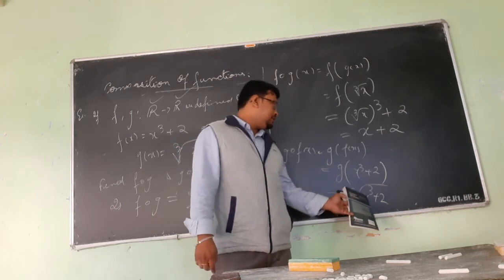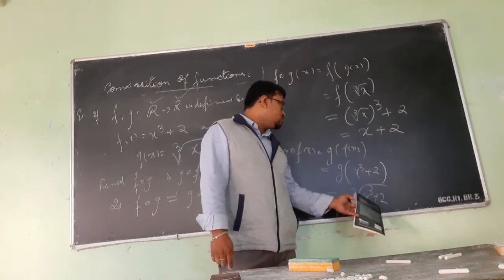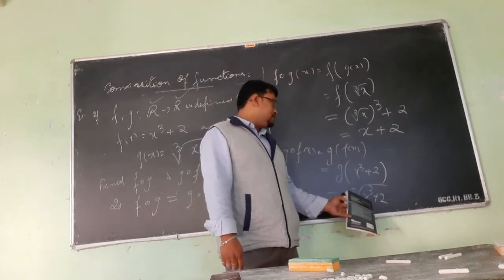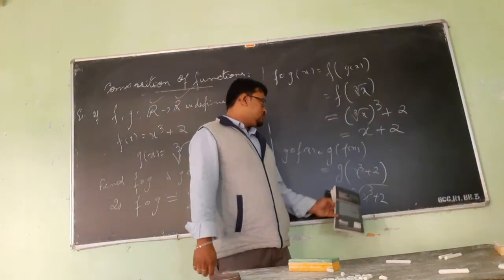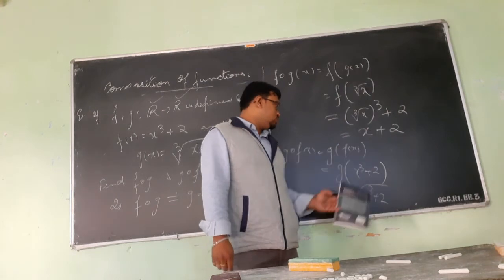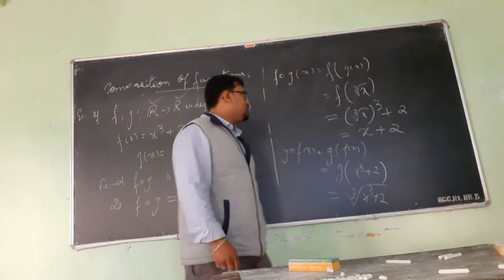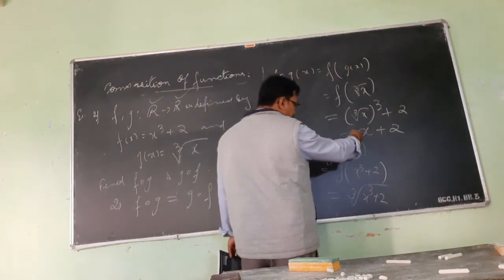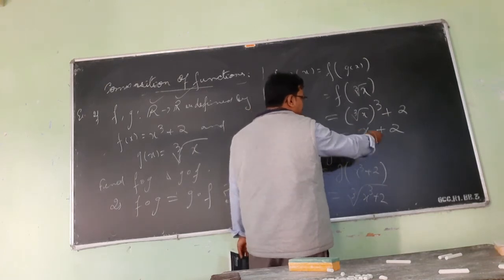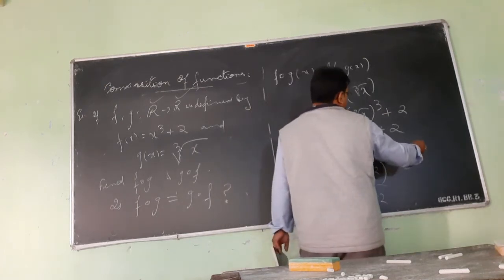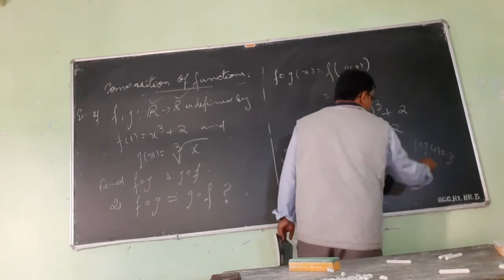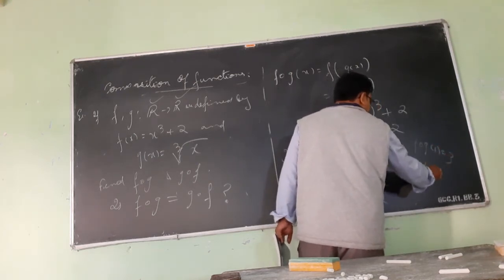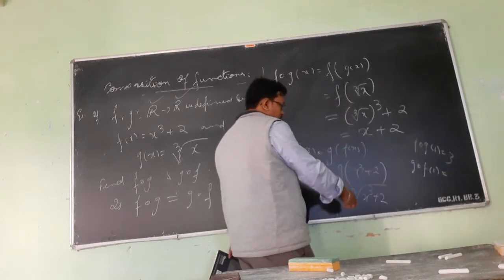If it were something like x plus 2 whole cube, in that case it would have been equal. Here it is not equal. So in general they are unequal. For example, you can take x equal to 1. FOG of 1 is 3 and GOF of 1 is cube root of 3.